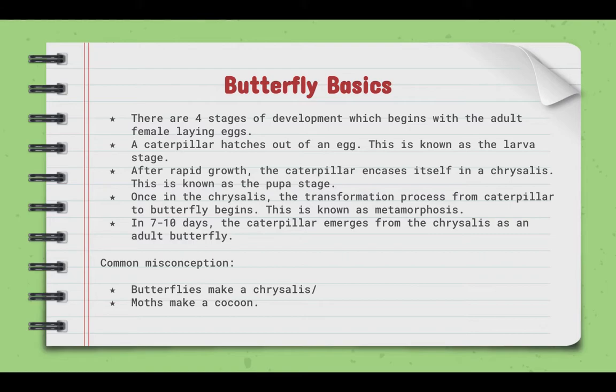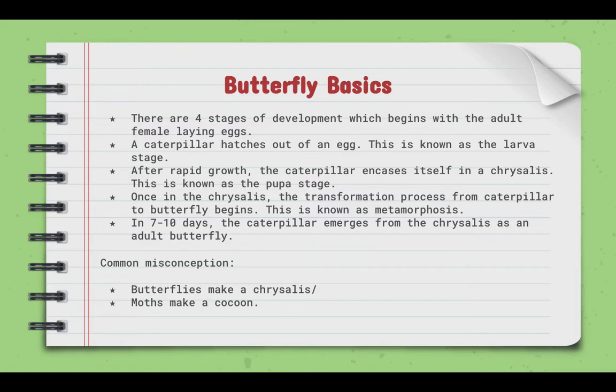This is known as the pupa stage. Once in the chrysalis, the transformation process from caterpillar to butterfly begins, and this is known as metamorphosis. And let them know that in 7 to 10 days, the caterpillar emerges from the chrysalis as an adult butterfly.